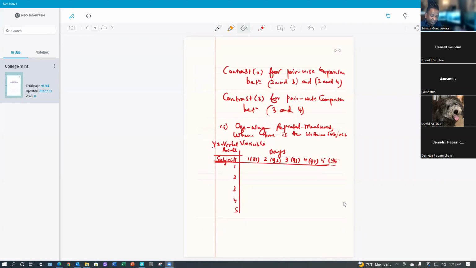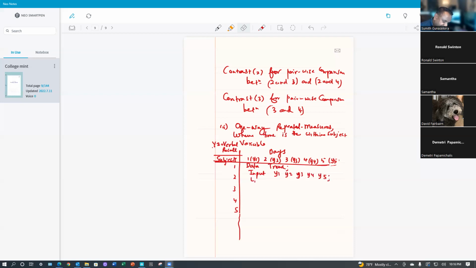Within each person, the variable would not be different drugs. This time it's the time, measured over time. If you do this one, I'm going to call the data trend, and the inputs are Y1, Y2, Y3, Y4, and Y5.